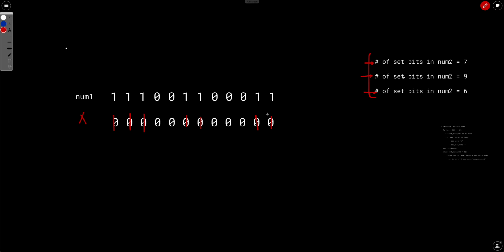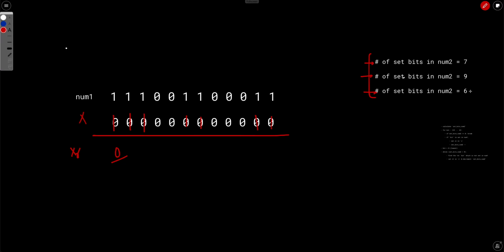While we are doing this, we are ensuring that the value of XOR would be equal to 0, because 1 XOR 1 is 0. XOR has a property that equal things cancel each other. So 1 XOR 1 will be 0, and 0 XOR 0 will be 0 anyways. So if the number of set bits is equal to the number of set bits in num1, then we can simply put num1 as the answer, and that's it.